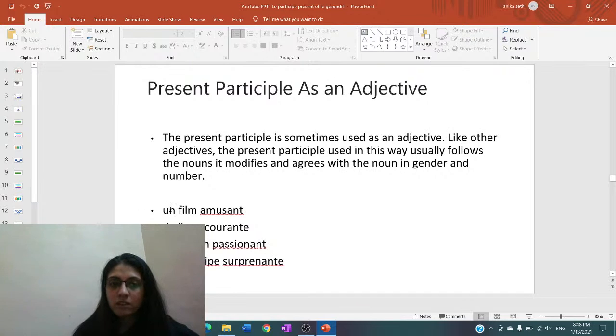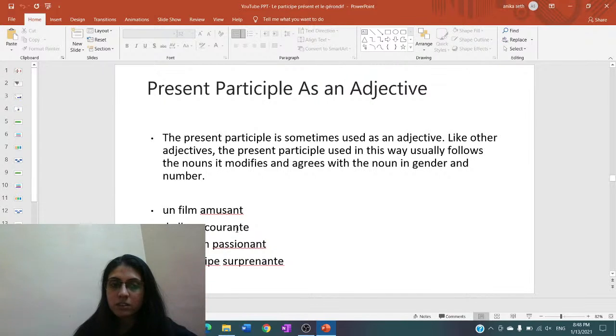So if I put it over here, un film amusant. Amuser is the verb, amusant is the present participle, but over here it is used as an adjective with un film, and it is amusant. Since film is masculine, it is singular. So the form of the adjective is same as the present participle. There is no accord of the adjective.